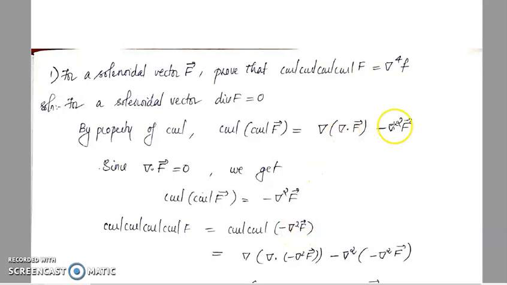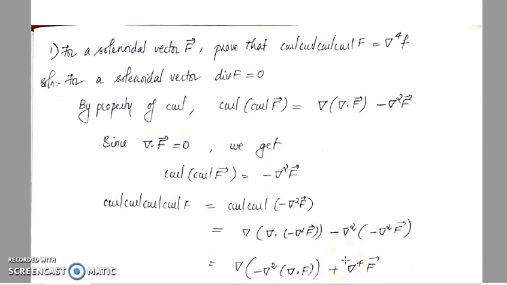Now again applying the same definition where your vector is now minus del square f, what do we get? Del of del dot minus del square f minus del square into minus del square f.